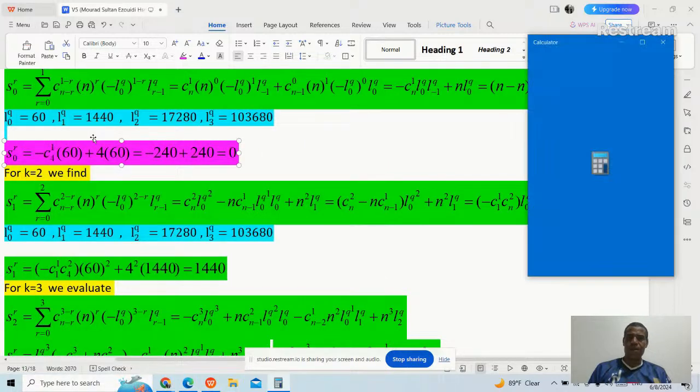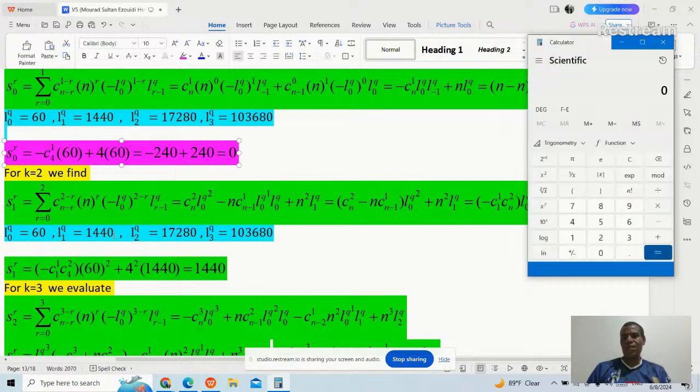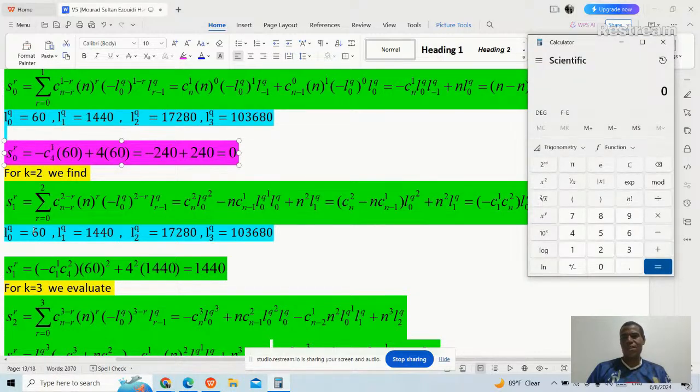Now, learners, we told that L0 for the Q is 60. L1 is 1440. I will just use L0 for the Q. It will be negative 6 times negative 4, because this is negative combination 4 choose 1, negative 4, times 60, plus 4 times 60, so this value is 0, plus 4 times 60.